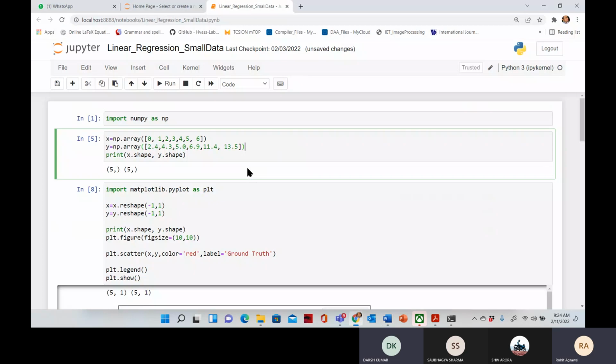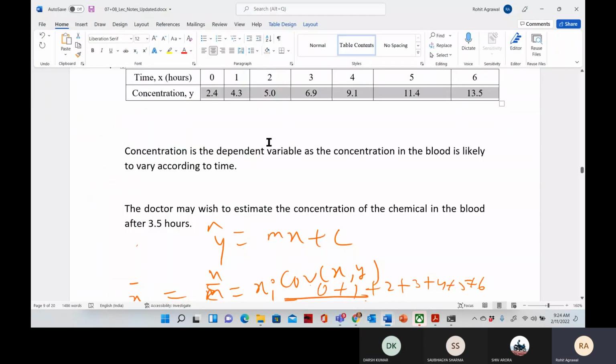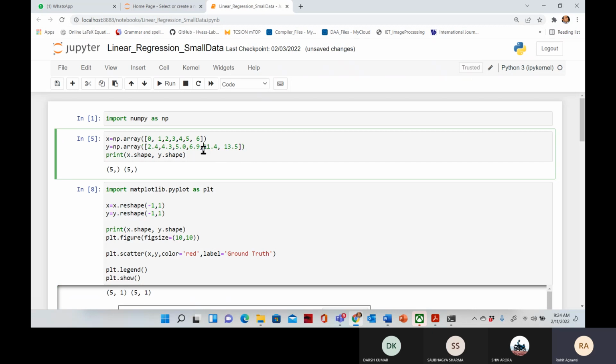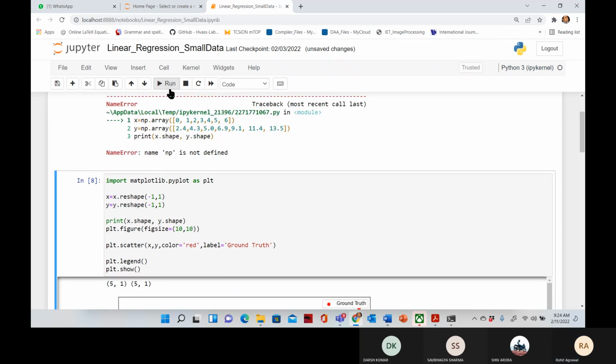Sir 9.1 मिस है ना, 6.9, 9.1. ठीक है, जस्ट क्रॉस चेक दिस.